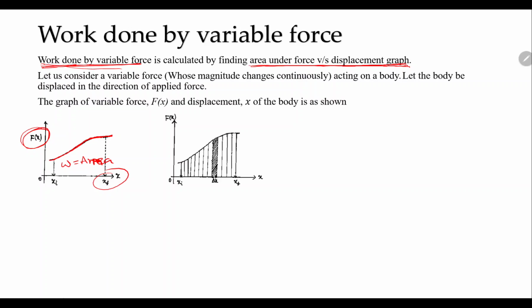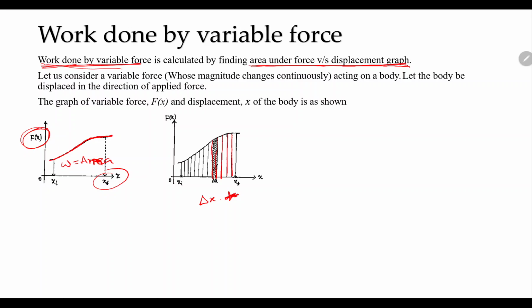Okay, so for that I divide this graph into small sections, small displacements like this, that you can see in the picture here. The displacements should be small and equal. The displacement value is given by delta x or dx, anyone you can take.